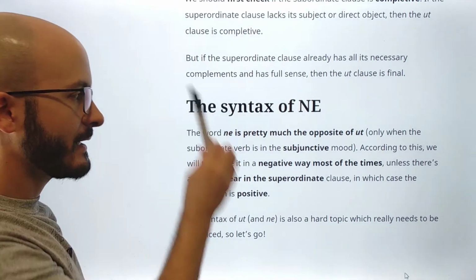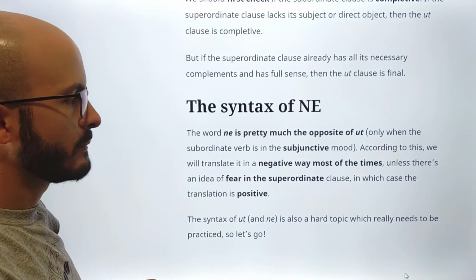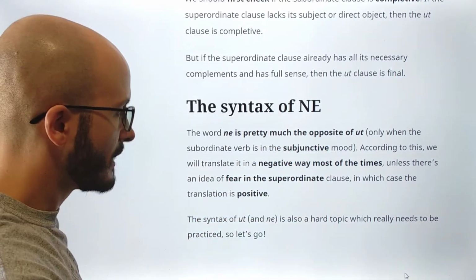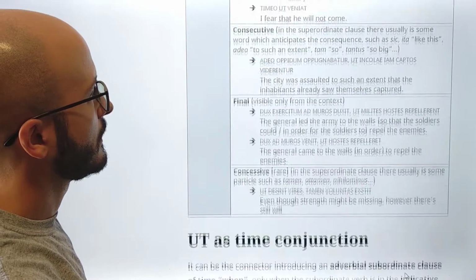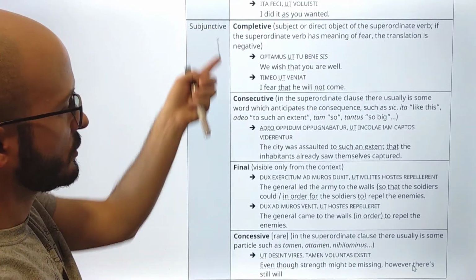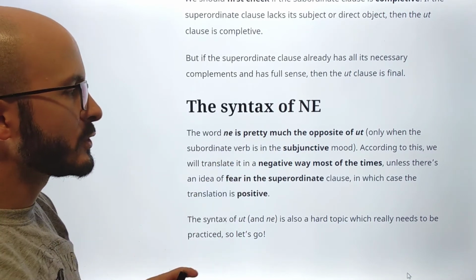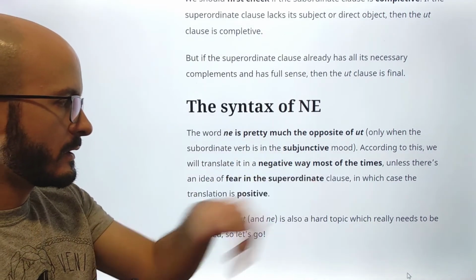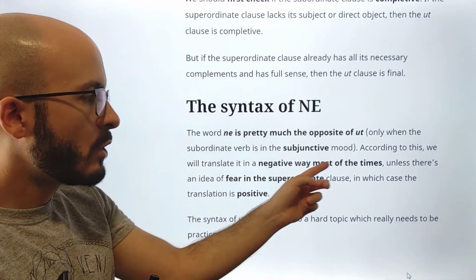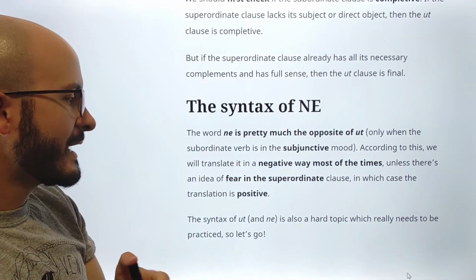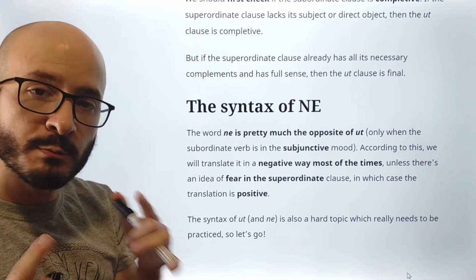The word ne is pretty much the opposite of ut, only when the subordinate verb is in the subjunctive mood. According to this, we will translate it in a negative way most of the time, unless there is an idea of fear in the superordinate clause, in which case the translation is positive.